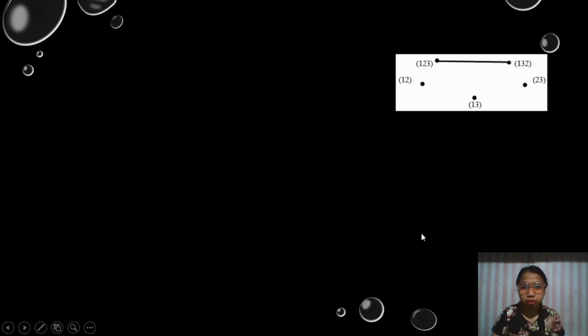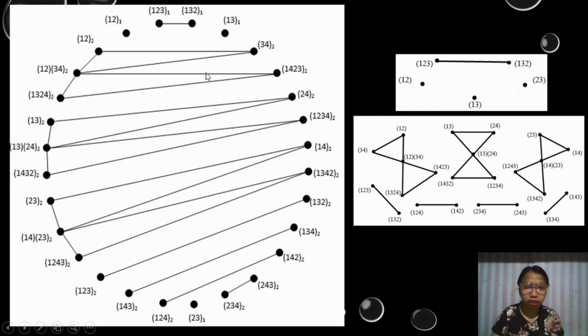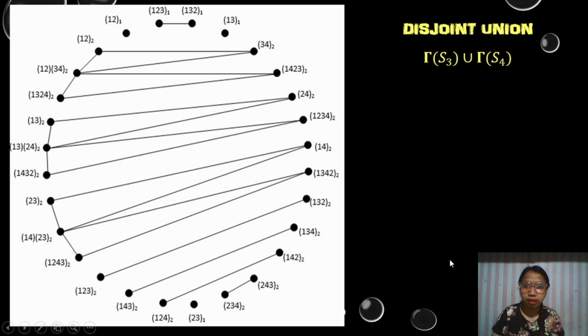So let us look at what happened to two commuting graphs of symmetric groups when we perform disjoint union. Here we have gamma of S sub 3 and gamma of S sub 4, and this is their disjoint union. Looking at their properties, the number of vertices is the same as in the join, which is 28.